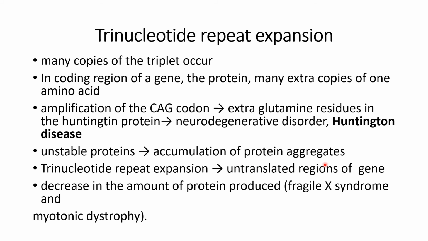And if this trinucleotide repeat expansion happens at the coding region, but if this trinucleotide repeat expansion takes place at the untranslated region of the gene, then it will increase the untranslated region and decrease the coding region, and thus decrease the amount of protein which has been produced.